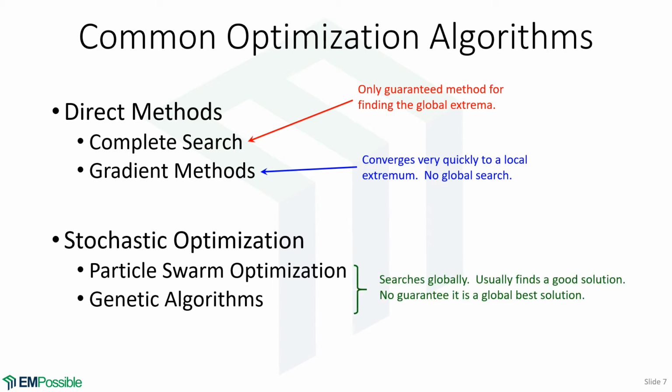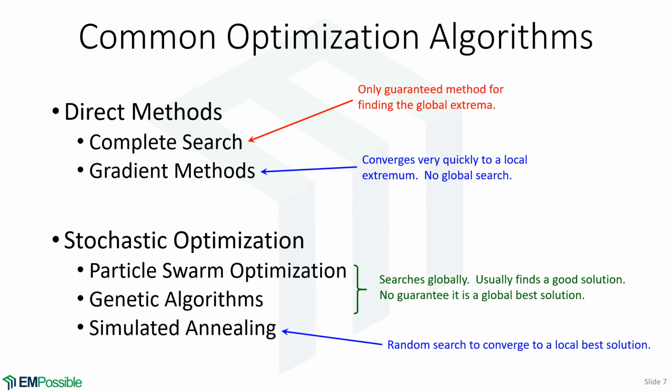And so these are searching globally. They very often find very good solutions, but there's no guarantee that it's the global best. If we're using randomness, it's probably because we don't know a lot about our solution space, and we don't know if we'll have the global best. So there's always the chance, if we get a design that's good enough, that there's something better out there. And that's actually kind of exciting.